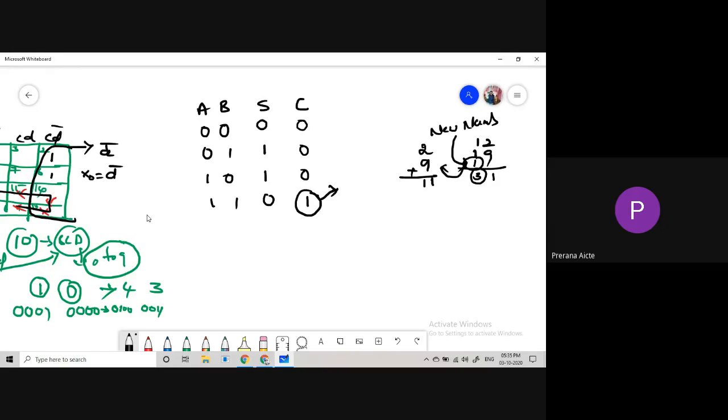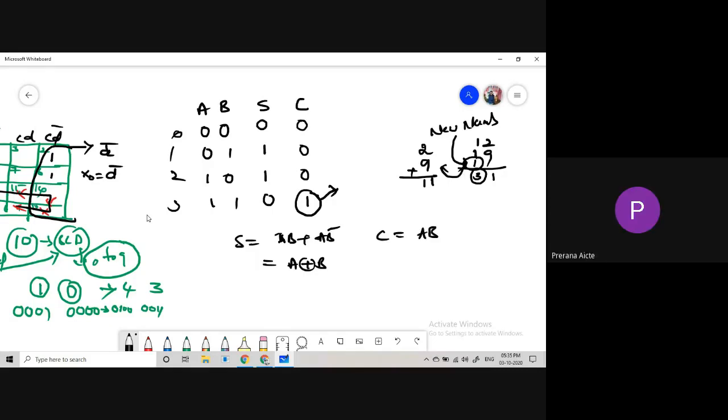So for this, we are constructing a logical diagram. The sum consists of 2 ones, which are 1 and 2. That is A bar B plus A B bar, which is nothing but A XOR B. What about carry? Carry has only 1, that is AB, only AB.